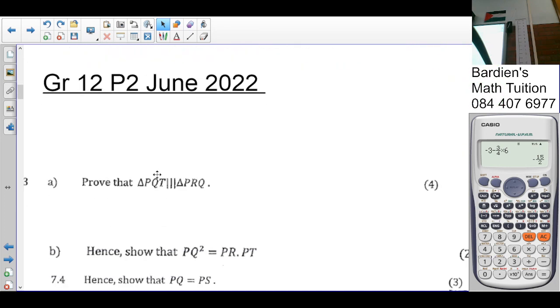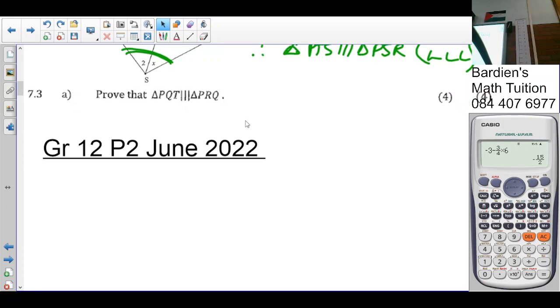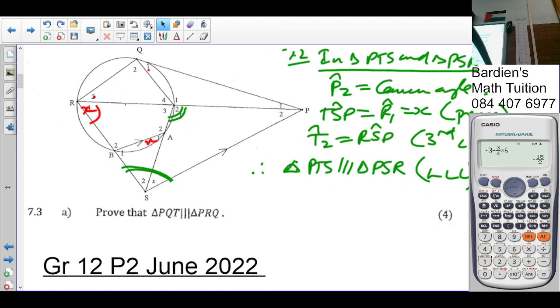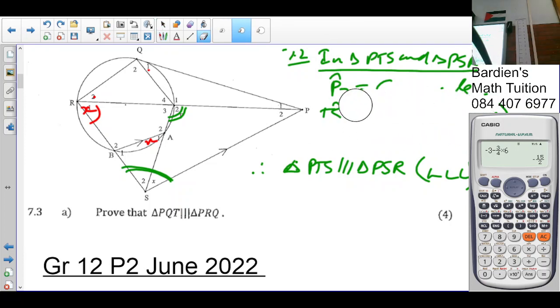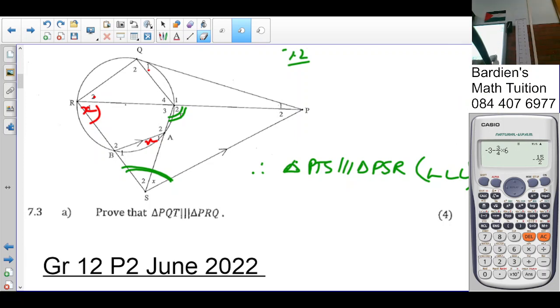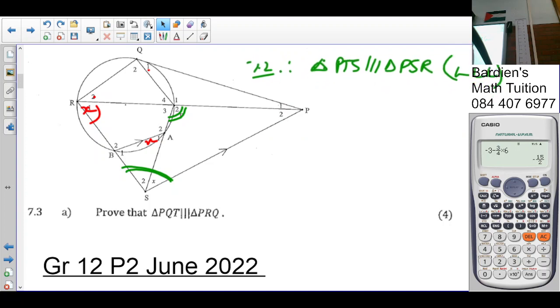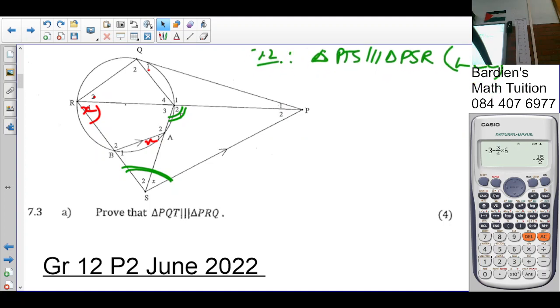So let's look at the next question. The next question we are asked to prove that. 7.3, again you must prove.